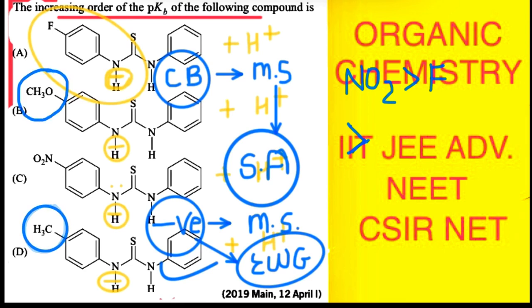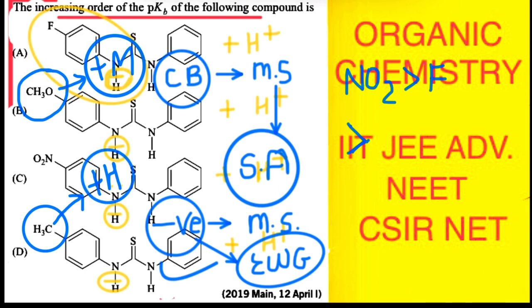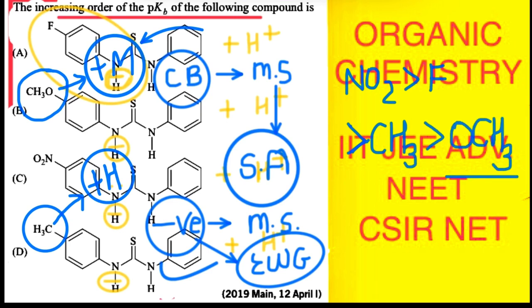Then the releasing groups are OCH3, methoxy, and methyl group. This group shows plus M effect. Okay, and the methyl shows plus H effect. That means the negative charge is most destabilized by the mesomeric effect. OCH3 group destabilizes the conjugate base the most.